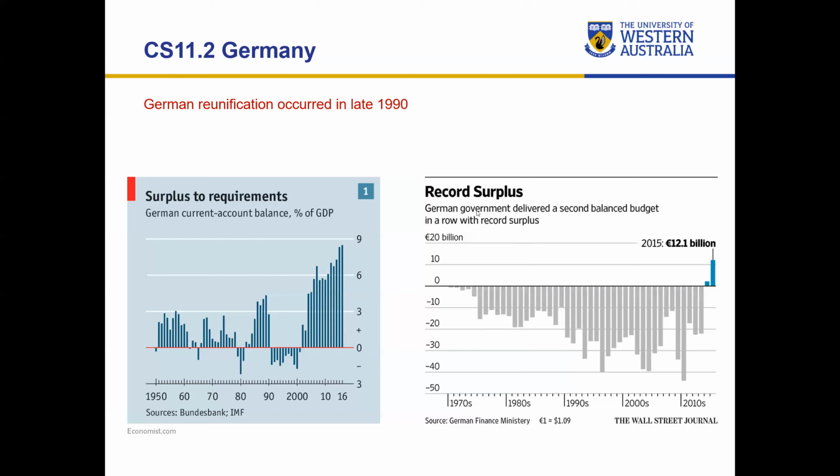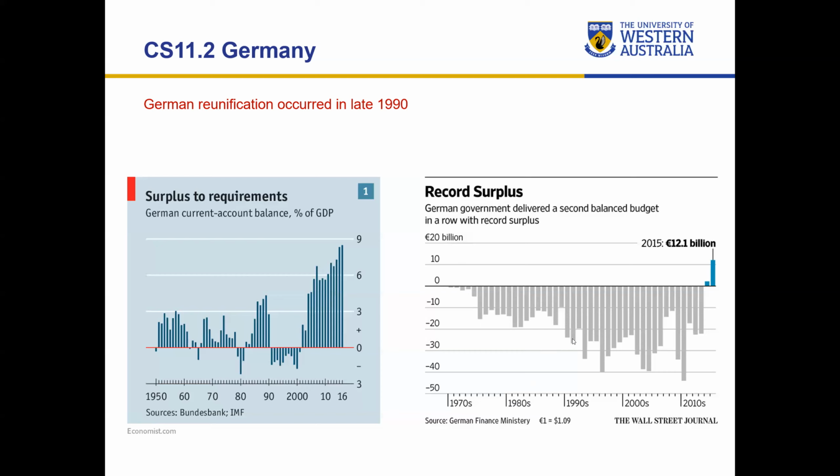So what we can see in this second diagram on the right is the German government budget deficit in the 1980s averaged about, let's say, 14 billion euro.